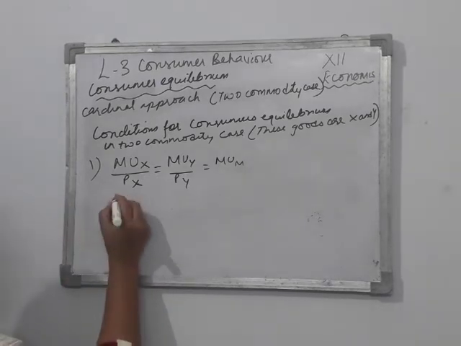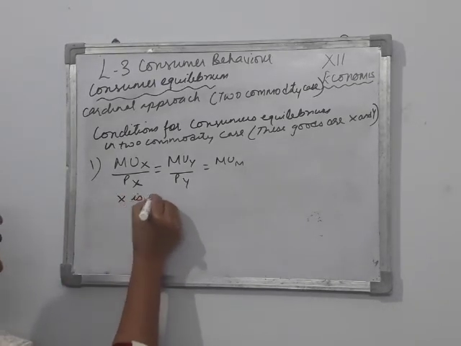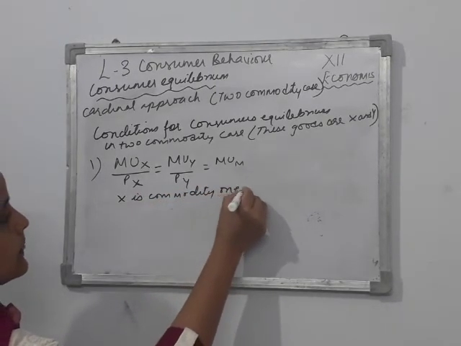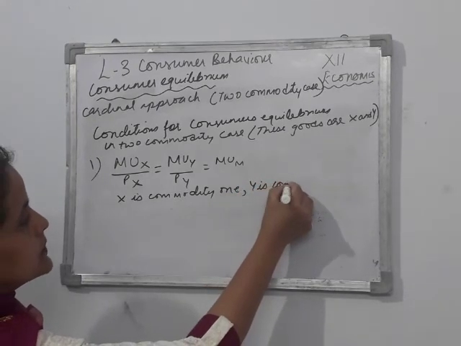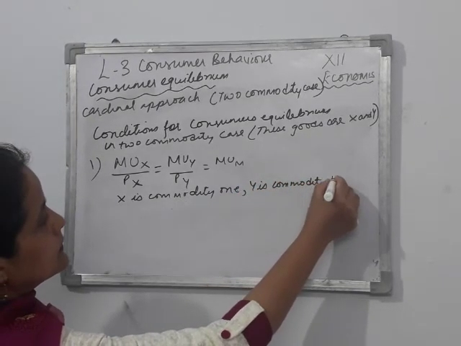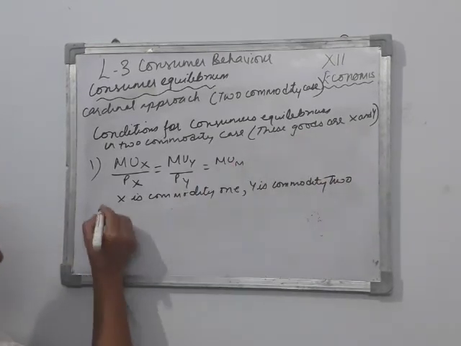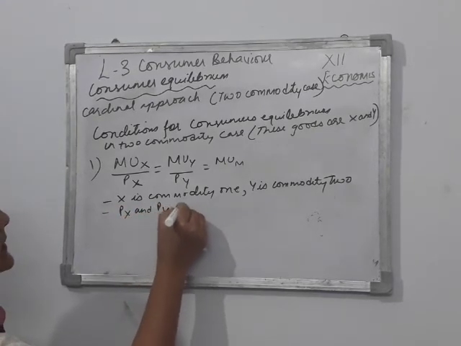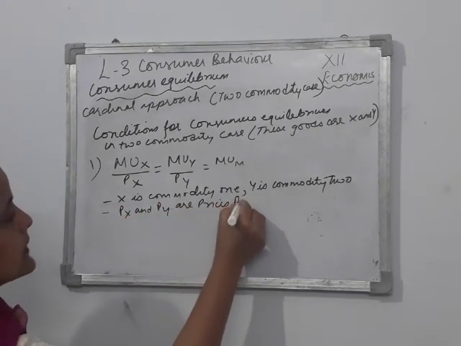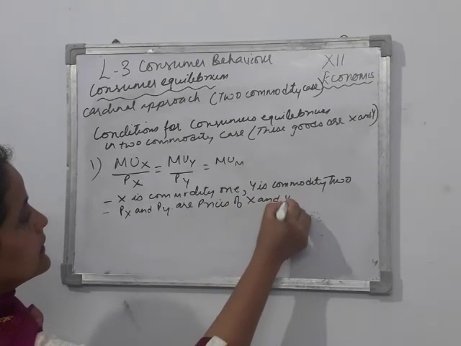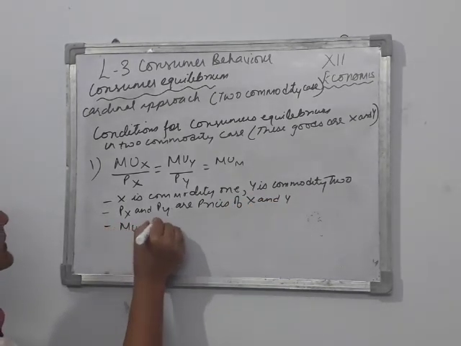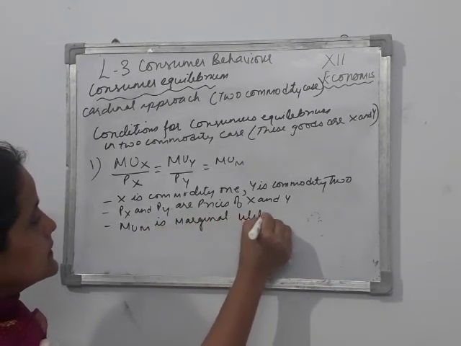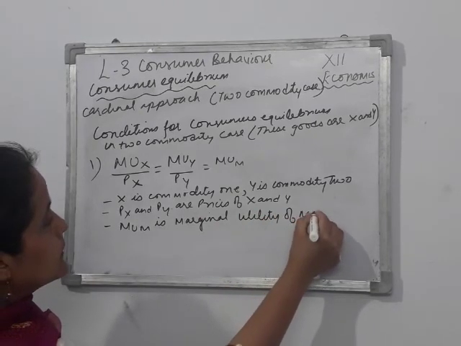Now here X is commodity 1, Y is commodity 2, that I told you earlier. PX and PY are prices of X and Y, and MUM is marginal utility of money.